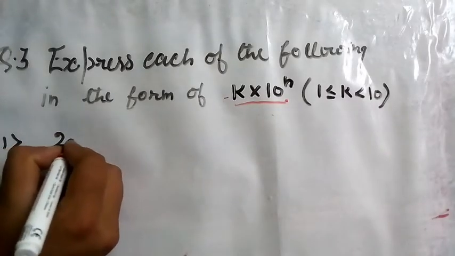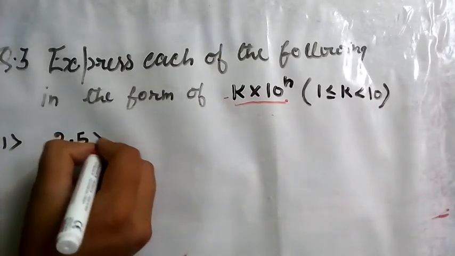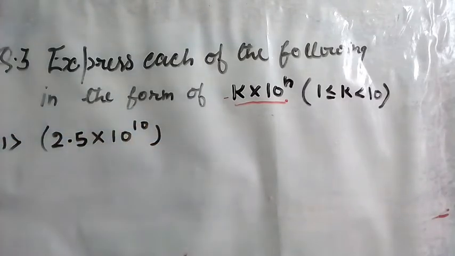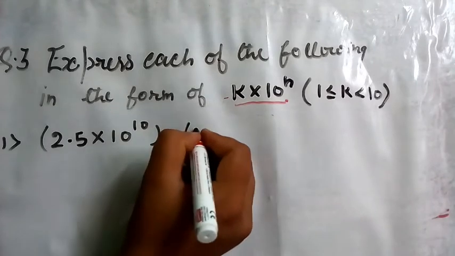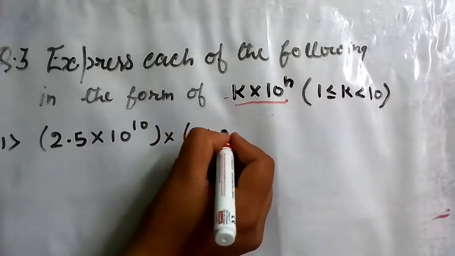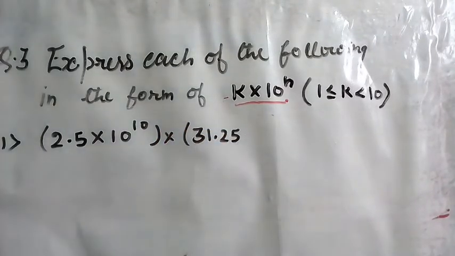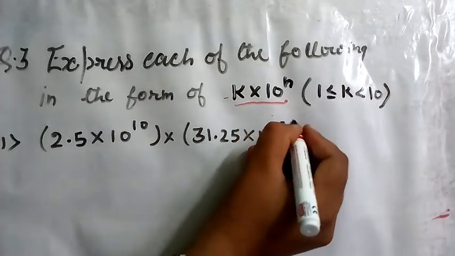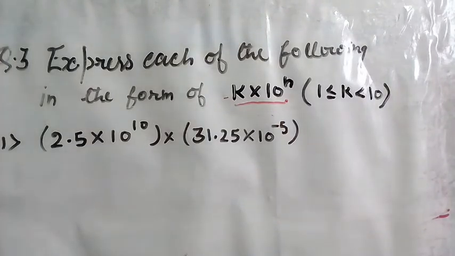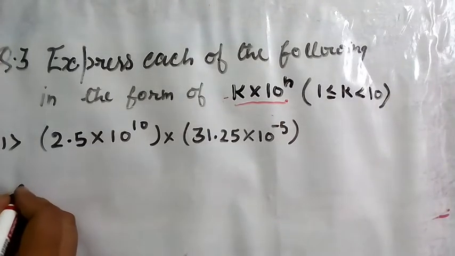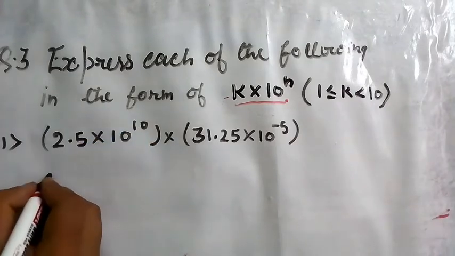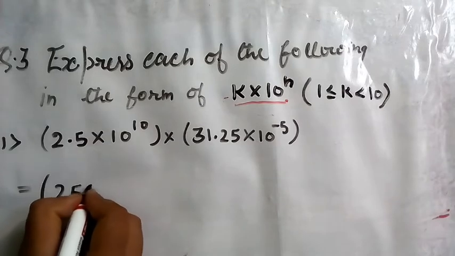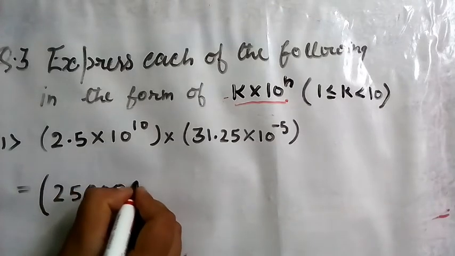Let us see one more such question, that is 2.5 into 10 raised to power 10 whole multiplied by 1.25 multiplied by 10 raised to power minus 5. Same like previous question, write them in their usual form. So 10 raised to power 10 is there, 2 as it is, first digit is 5, then 9 zeros.